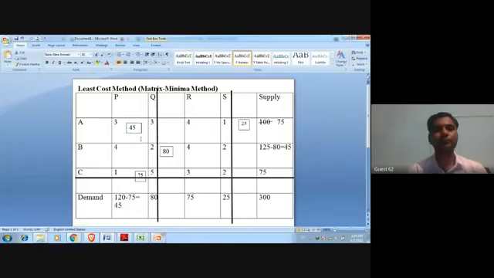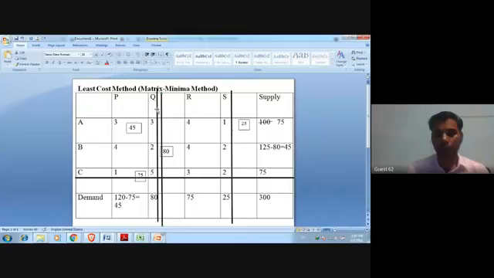Okay. Now, after giving the 45 units, the demand of P is exhausted now. So we will draw a vertical line from P. Okay, so this vertical line I have drawn from P. Why?